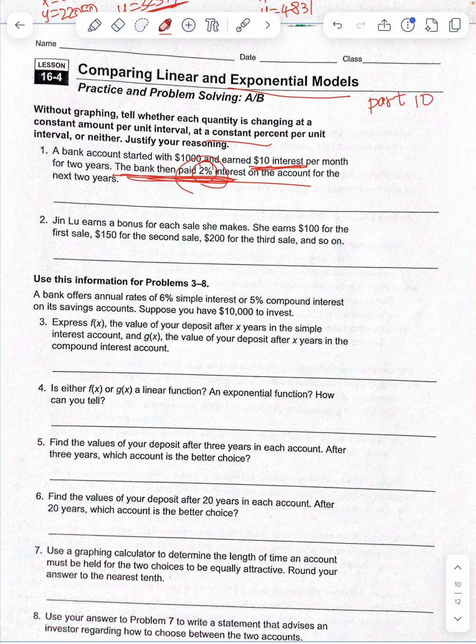In the first 2 years, there's no percentage. We start with 1,000 and earn $10 interest per month for 2 years. This is at a constant rate per unit interval.